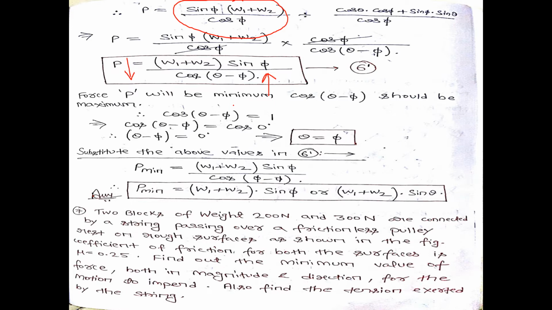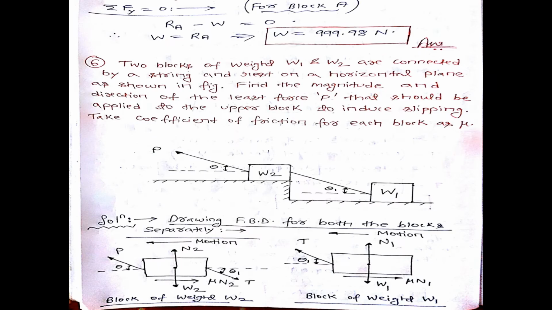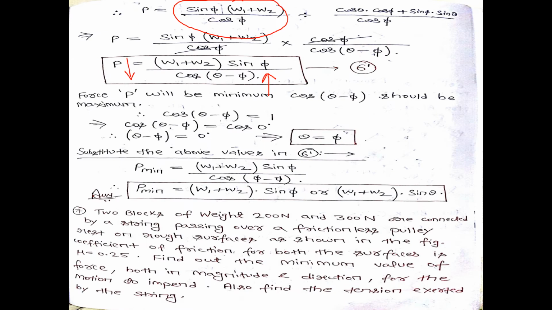That means when the value of theta becomes equal to phi, that is the angle of friction, then the movement of the entire system will take place. So what is the minimum value of force P? Just evaluate theta by phi, or phi by theta, in equation number 6.